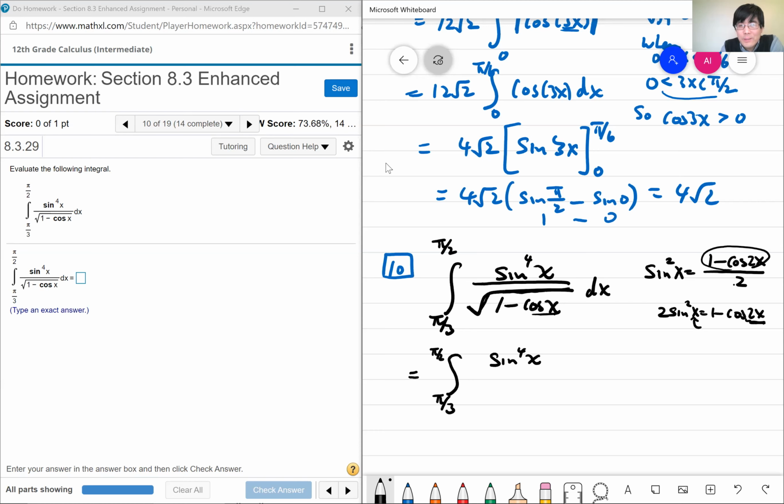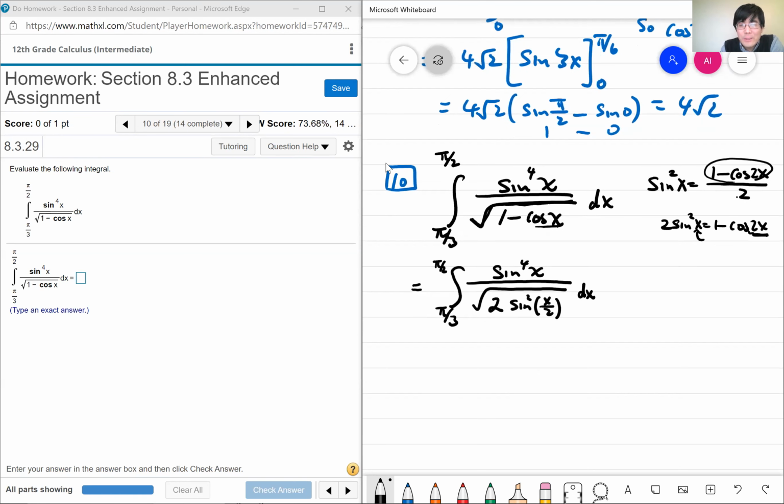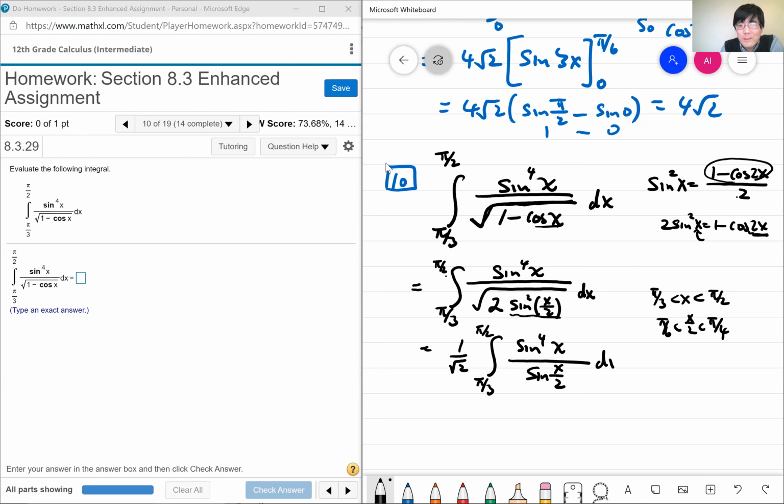Sine to the 4th power of x over square root of 2 times sine of half angle square dx. Notice that when x is between pi over 2 through pi over 3, x over 2 is between pi over 4 and pi over 6. So this is positive. So we can just remove absolute value sign. So you want to get sine x over 2 and sine to the 4th of x over sine x over 2 dx.